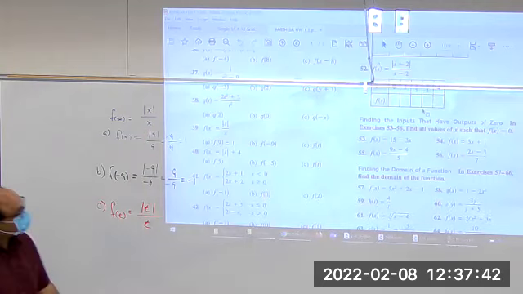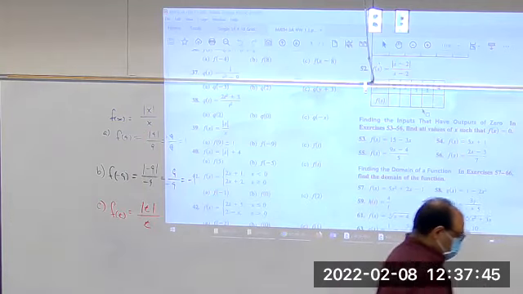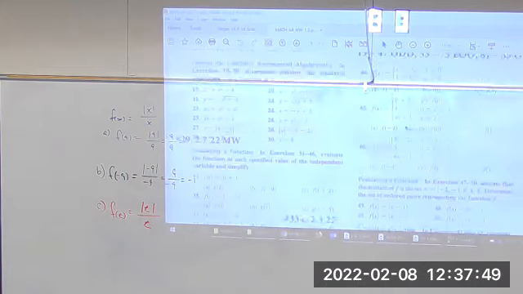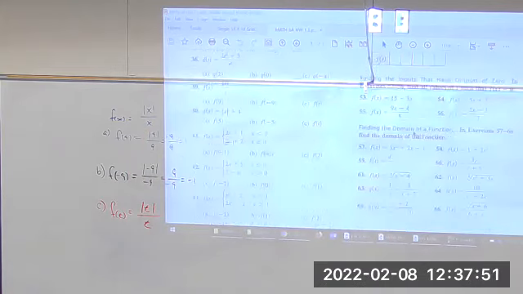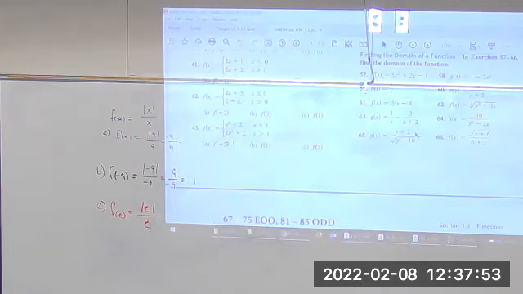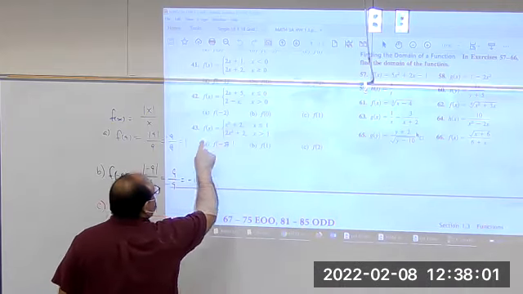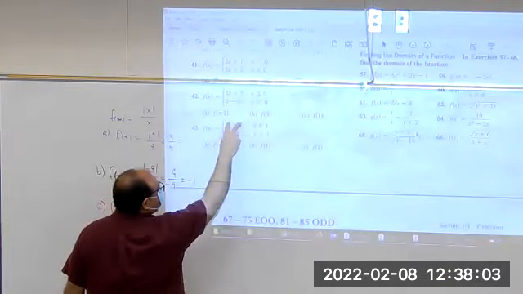43. No, 43 down. So now we are piecewise. A piecewise function is a function written into separate pieces.